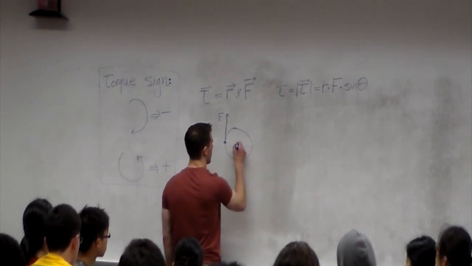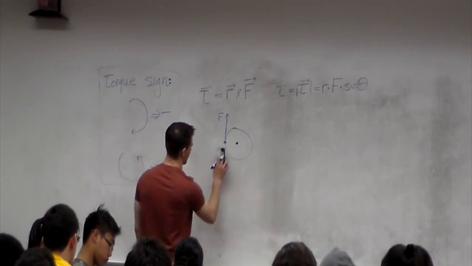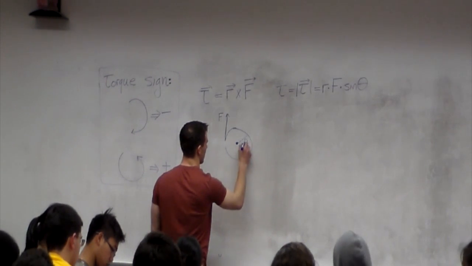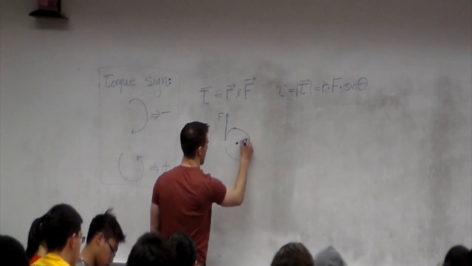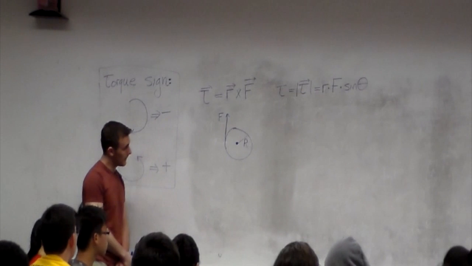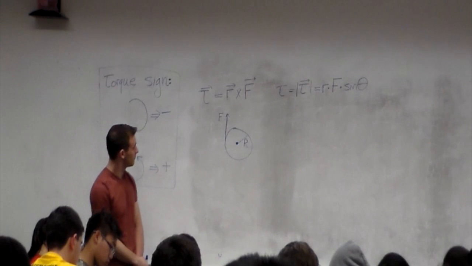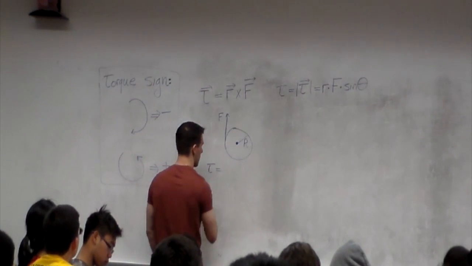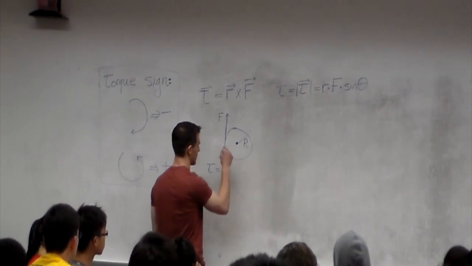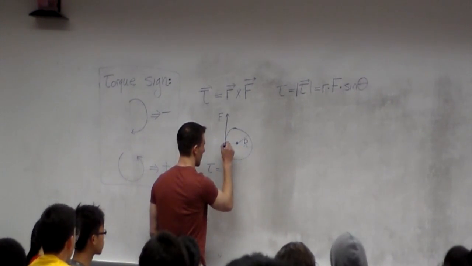Okay? But what about here? So if I'm no longer asking about the torque about the contact point, if this is a disc wheel of radius r, then the axis I'm interested in to the point at which the force is being applied is this one.